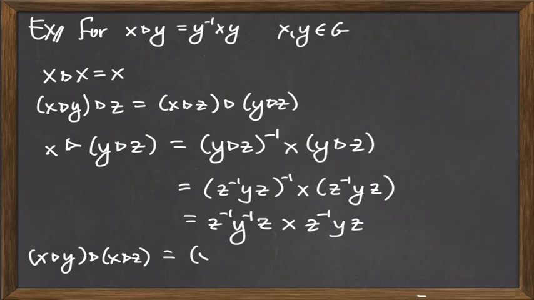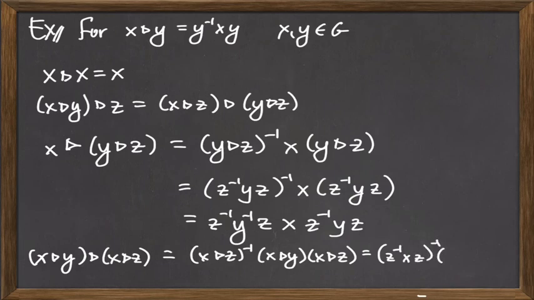And that's going to be X triangle Z inverse times X triangle Y times X triangle Z. And there we'll drop in those definitions. Z inverse X Z inverse Y inverse X Y times Z inverse X Z. So when you do the inverse, it's opposite order.